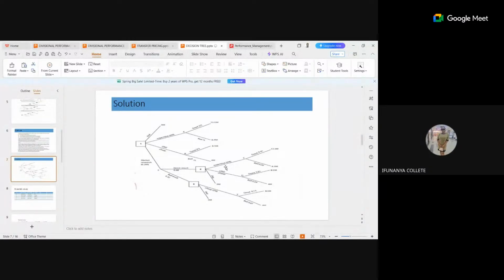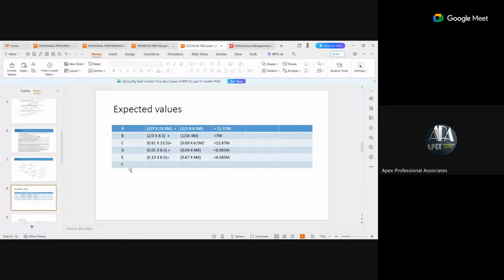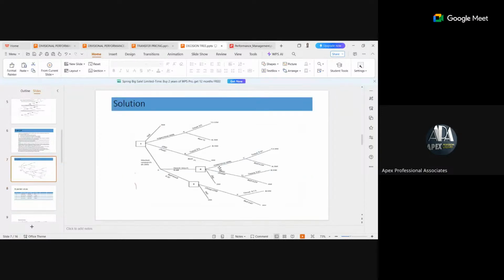Now, since C is giving us the highest expected value between C and D, if we are to make a decision, we'll go with C, right? Yes. Now, in going with C, we incur a cost. Do you understand?